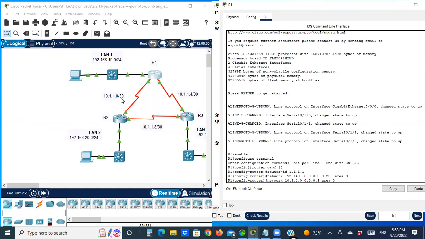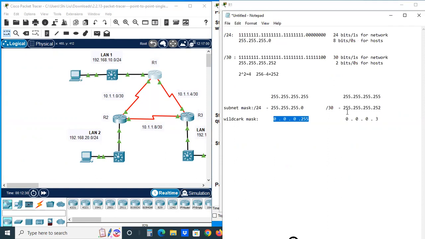Area 0 is used because this is a single area.